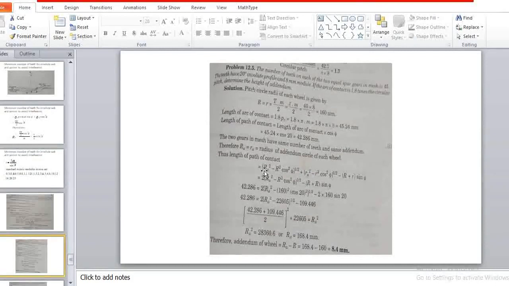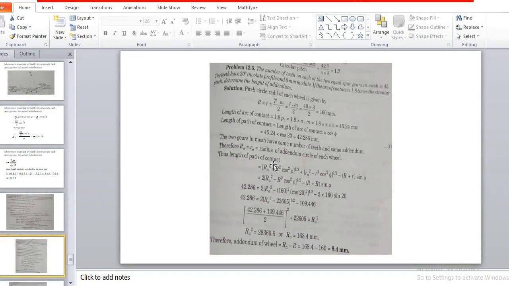The capital R and small r are also the same here. If you consider this, the equation is modified like this, and now we can put values in this equation.